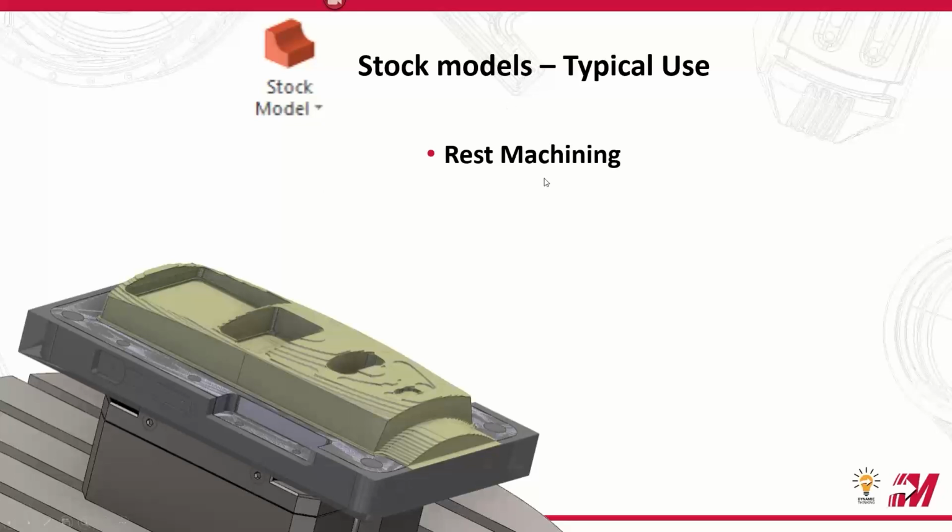That's using the stock model to create models that represent what stock is left from a prior operation, and then using that with a subsequent operation to reduce the amount of air cutting, keep the tool engaged in material as much as possible, and trim the toolpath to where there is material.